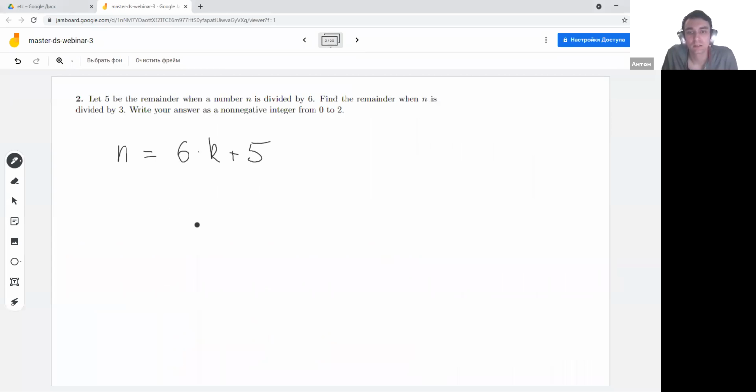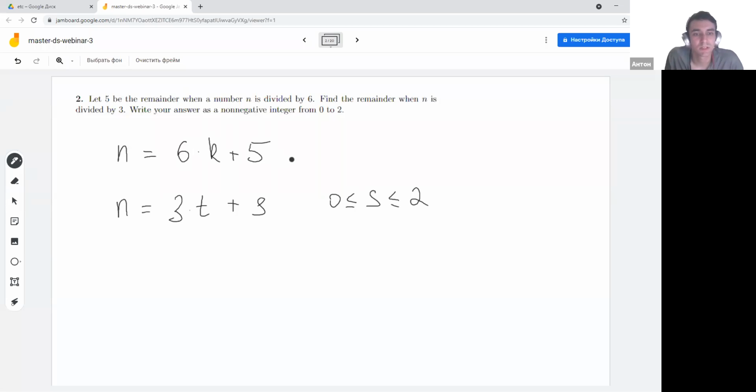We are asked to find the remainder of n when it is divided by 3. So we are asked to produce something like n is 3 times some number plus something, and this something should be less than 3.